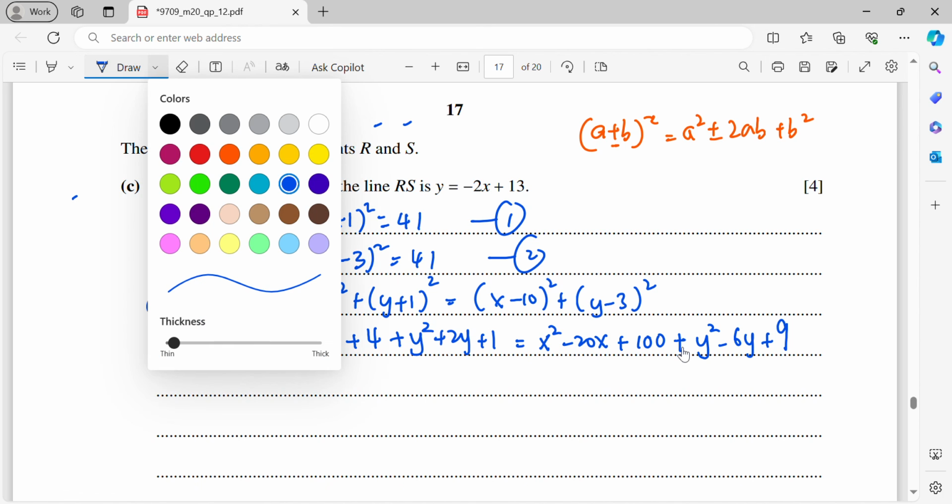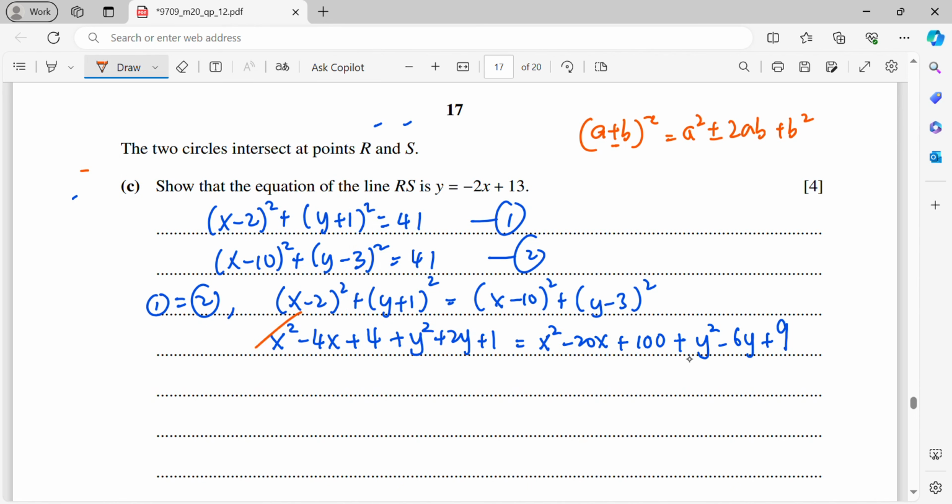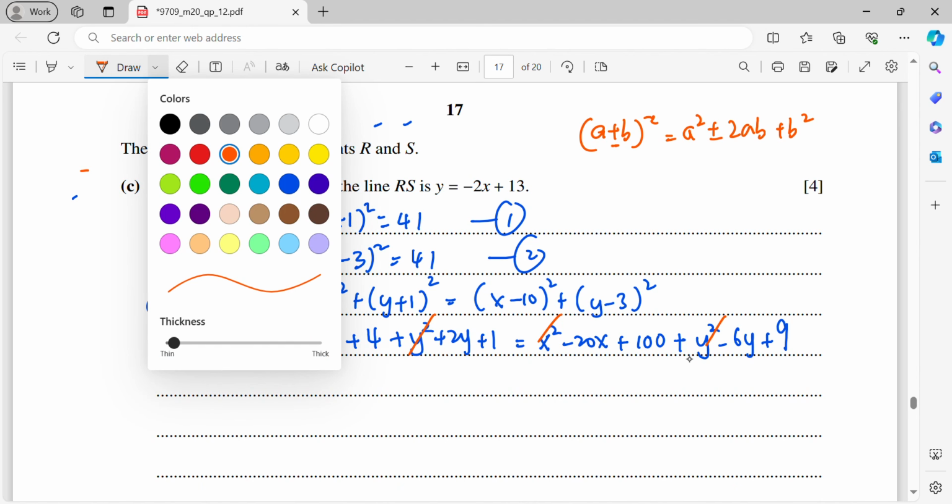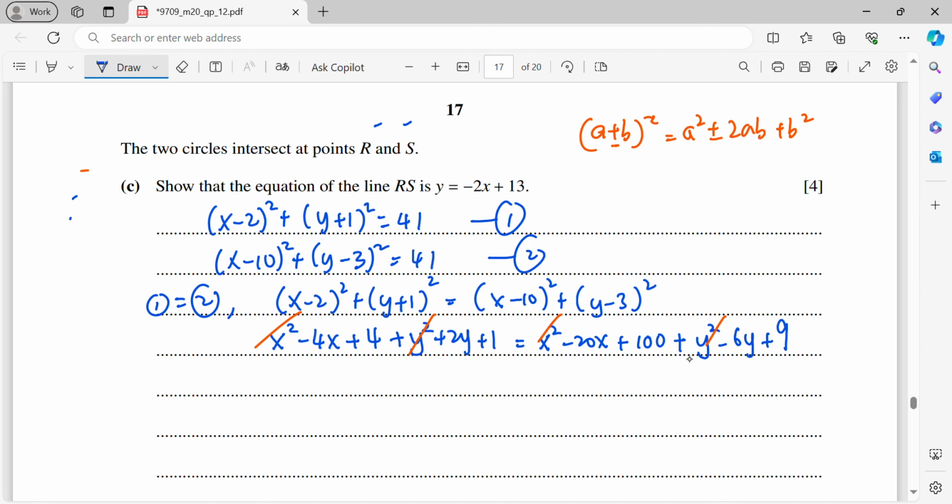Now, you can cancel off some of the terms first, x² from both sides, and then y² from both sides. Alright, so now you need to get the R and S. So which means now I will move all the terms from the right side to the left side. So I will get -4x. Now, simplify first.